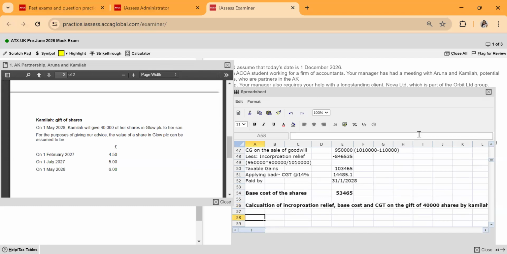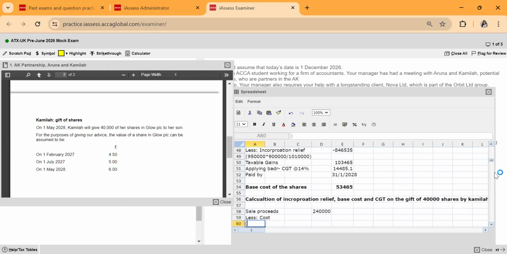So we have the sale proceeds, which will be the market value. On 1st May 28, the market value is 6 per share for 40,000 shares, so 6 multiplied by 40,000. Then we reduce the cost.